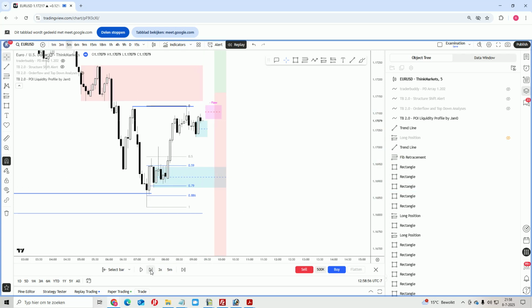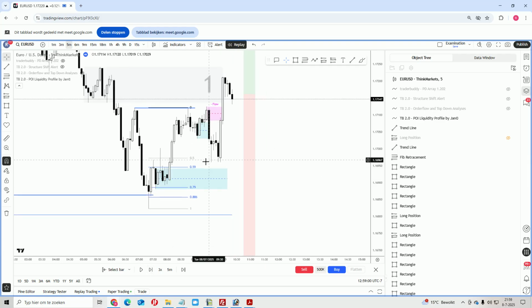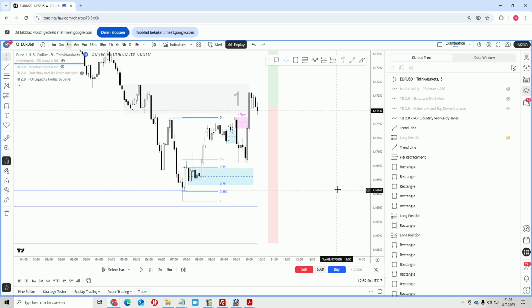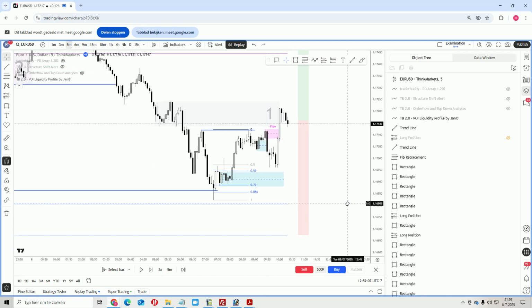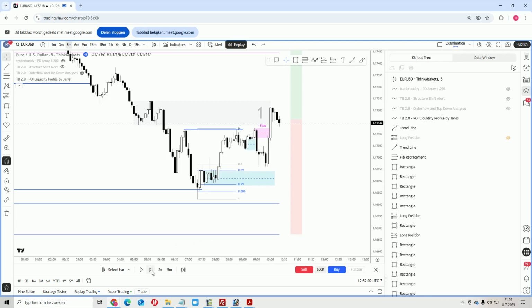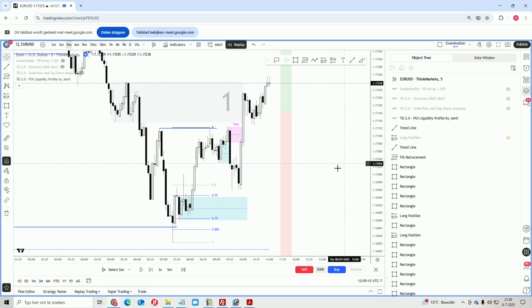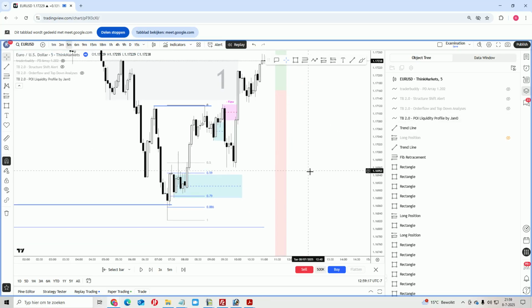So where you were looking for a short, well, in this case we do not get the entry. Probably, let's check. No, it's already gone above. Well, that's too bad. Shit happens.